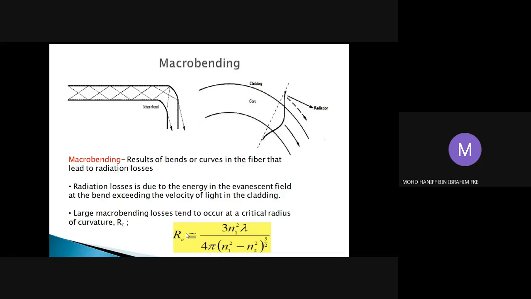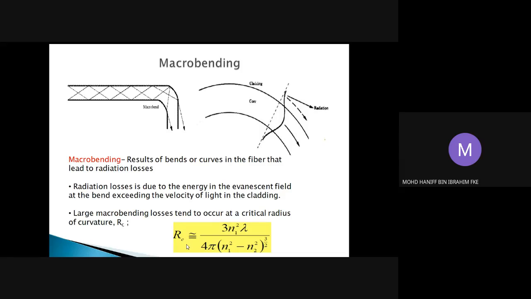RC is the radius that we can calculate from these terms here, which gives the critical radius of curvature that will incur macrobending losses. So we must try not to have a bending up to this radius of curvature.